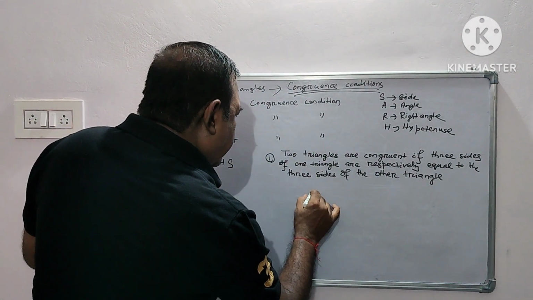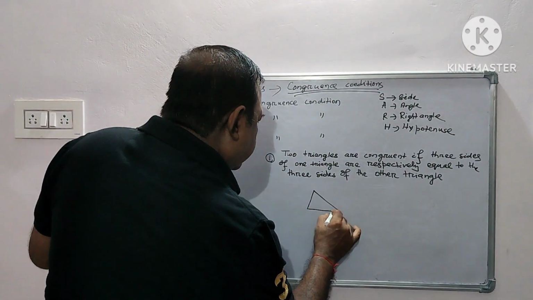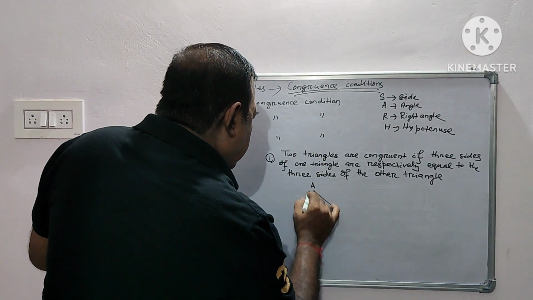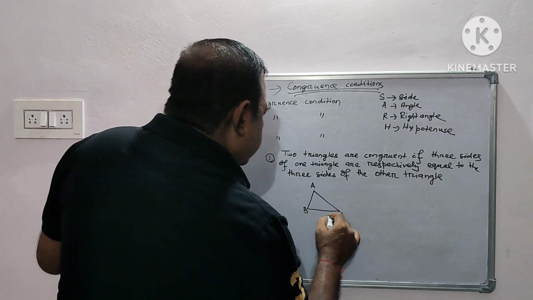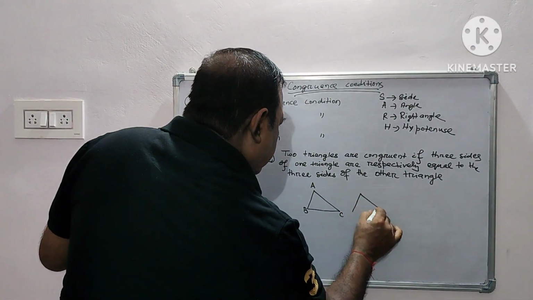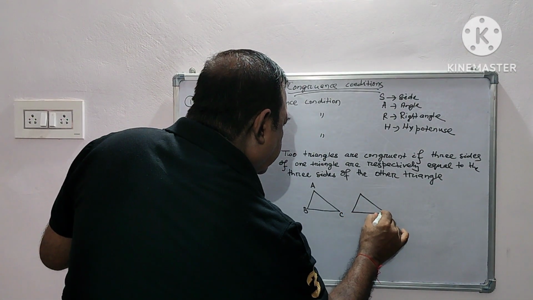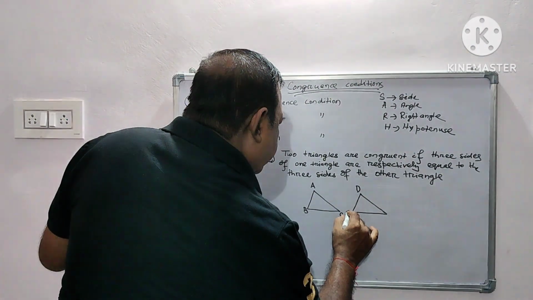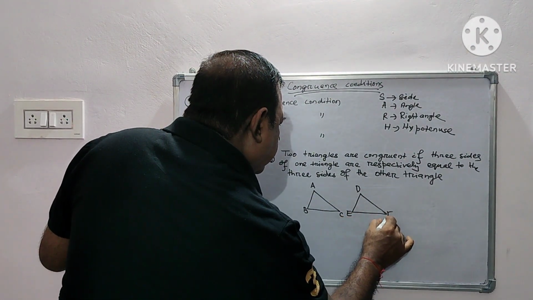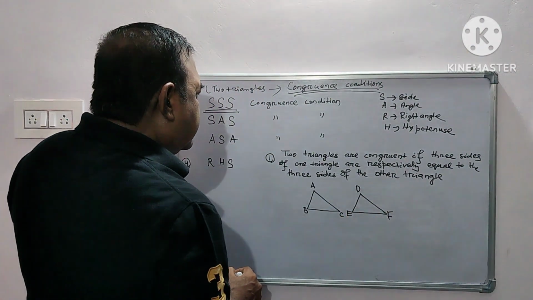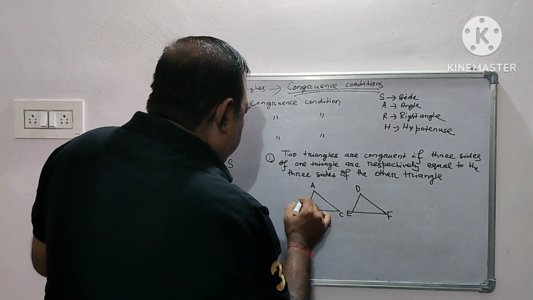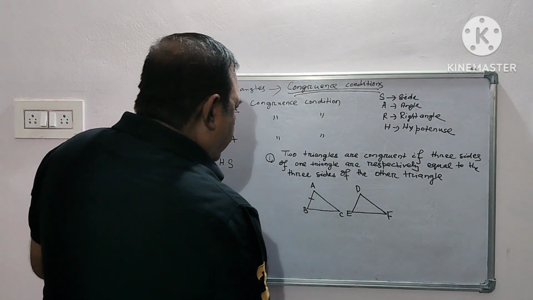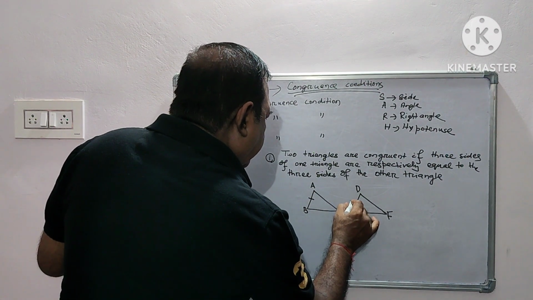Suppose I take the example: ABC is a triangle and it is congruent with DEF. How? Now this is SSS. The length of AB is equal to the length of DE.